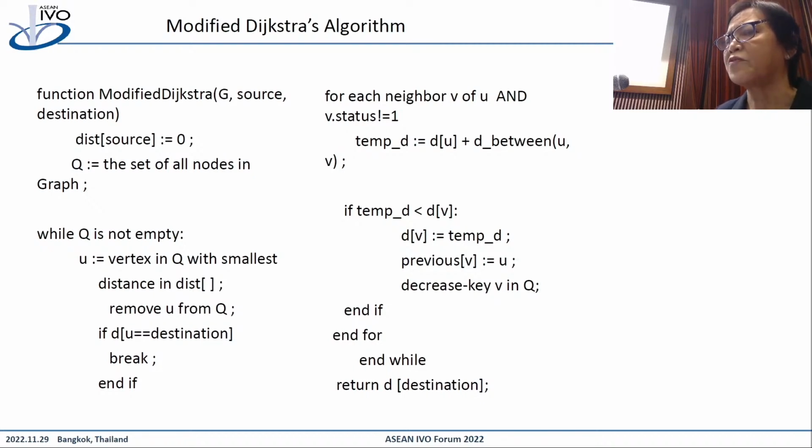For this algorithm, firstly, we consider the source node, and the distance of the source node is 0. The distances from the source node to the other nodes are set to infinity. We consider the set of all nodes in the graph, and loop until this set is empty.